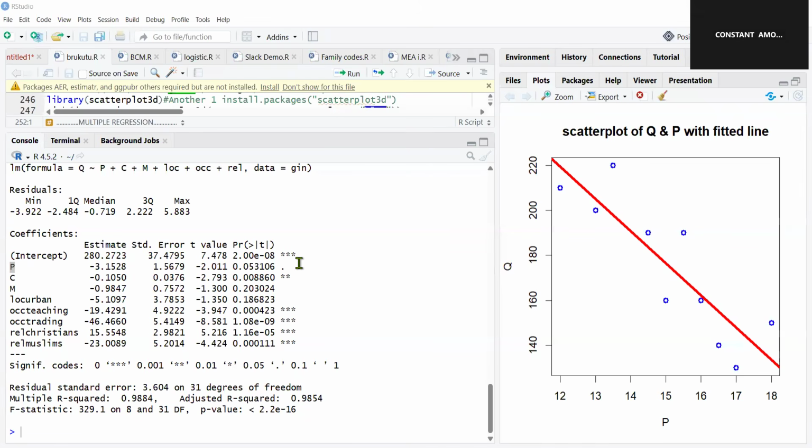And it is equal to the rule given that it should be less than or equal to 0.05. So it should be significant. Very good. So price is significant if you are to take 2 decimal places.